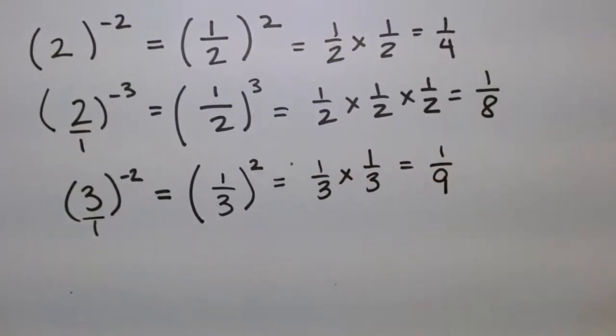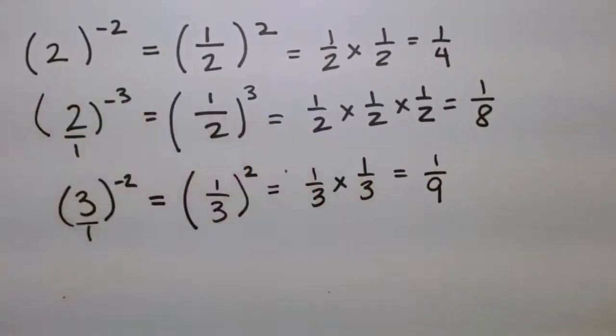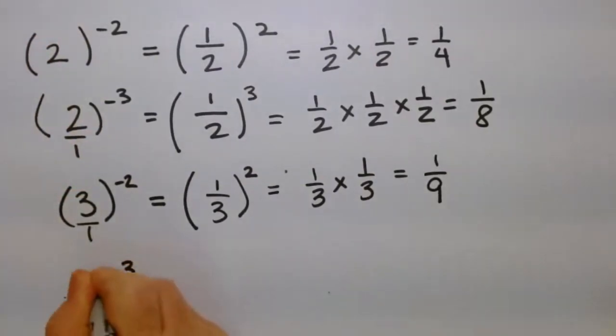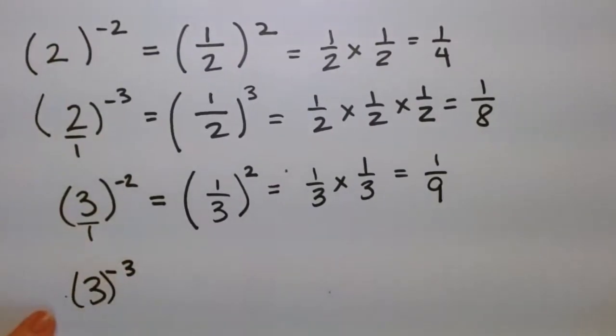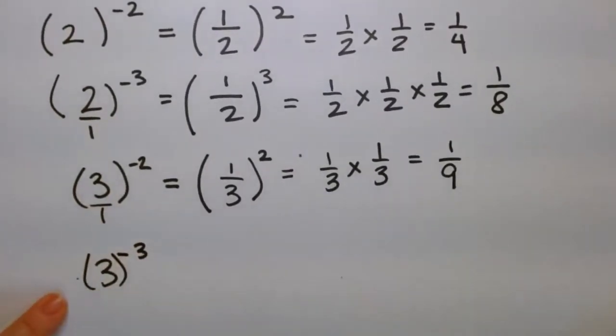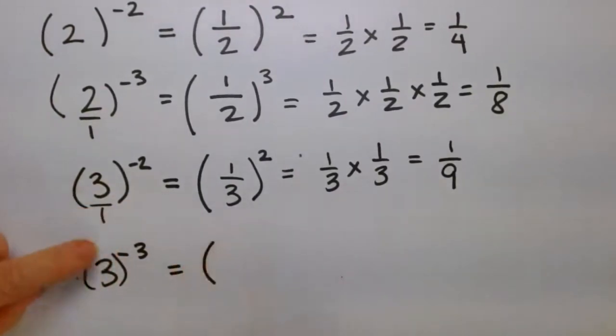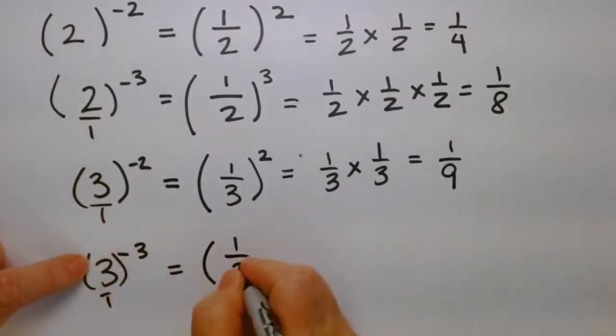A little wonky, huh? This happens in engineering all the time. So if you're interested in becoming a scientist or an engineer, you've got to get comfortable with this stuff. Okay, let's do one more. Try this one. Put my brackets there. 3 to the minus 3. Deal with the minus 3 first. So this is 3 over 1, so it's 1/3.